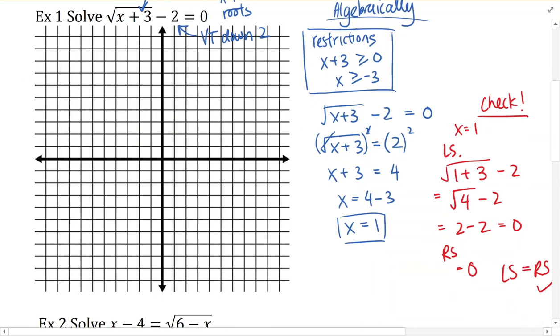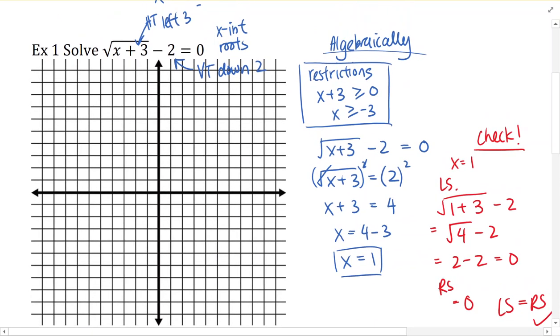All right, so let's graph this. I'll just draw the normal radical graph here as our reference. Remember 1, 1, 4, 2, 9, 3, etc.